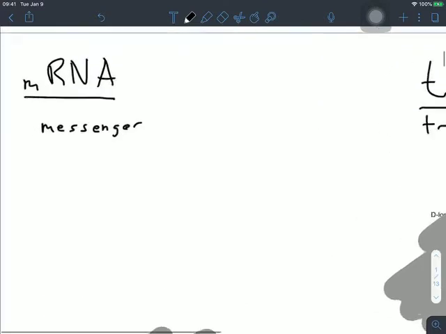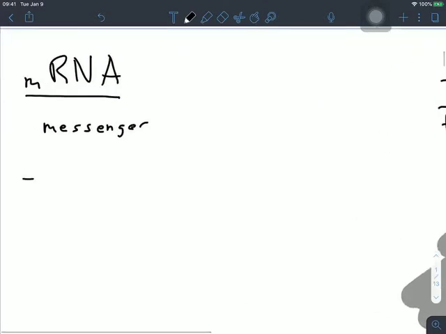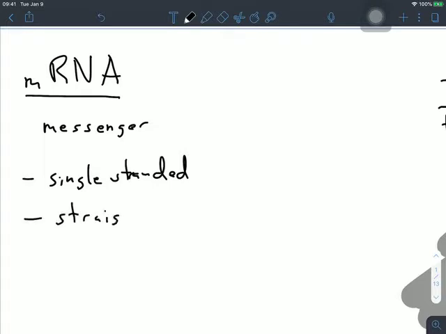Messenger RNA is oftentimes our single-stranded RNA, our typical RNA that we're thinking about when we think of single-stranded RNAs. It maintains a straight structure frequently because the idea is that it needs to be read.